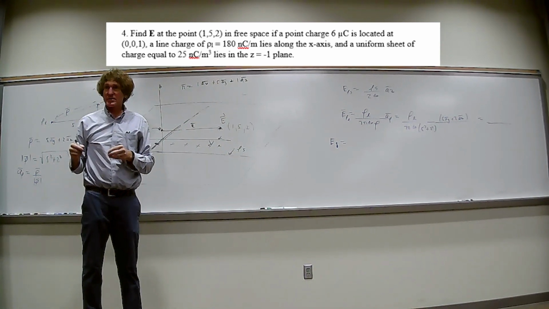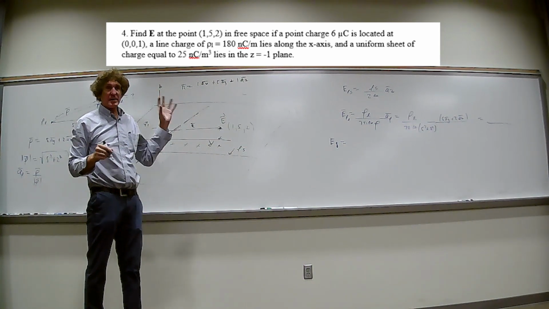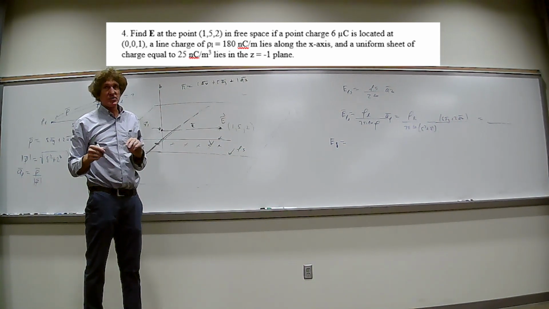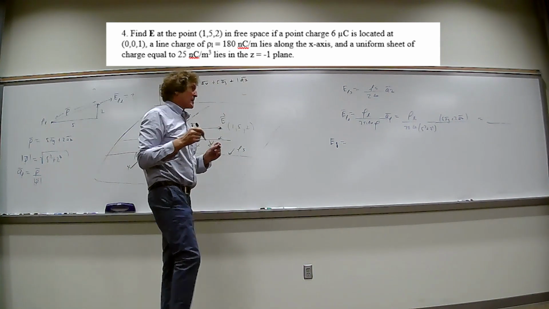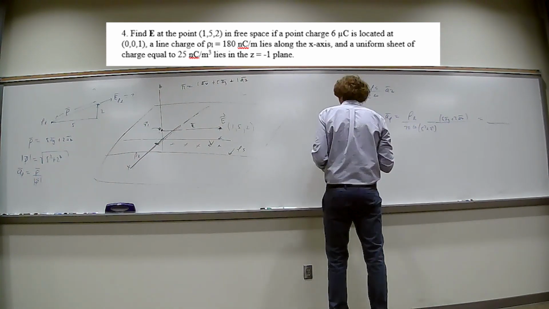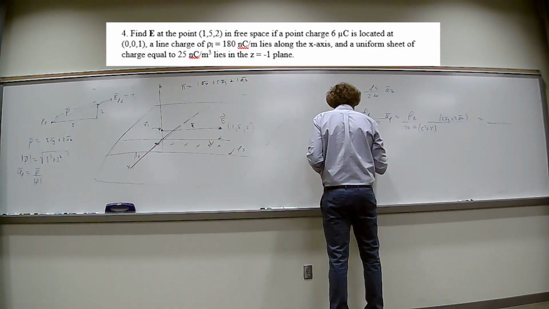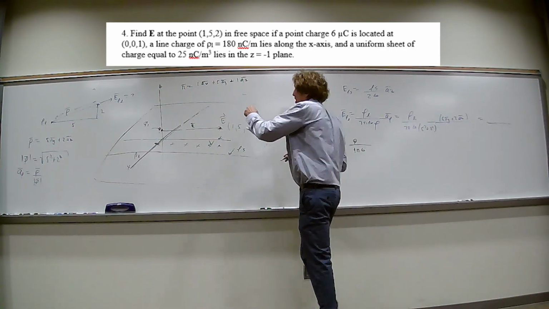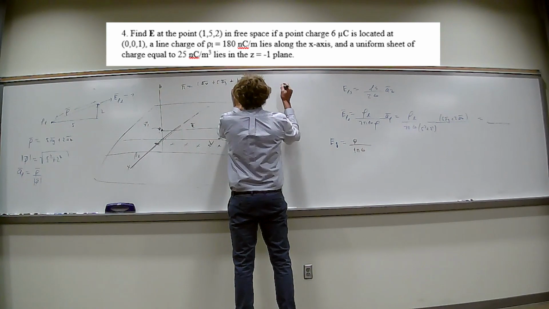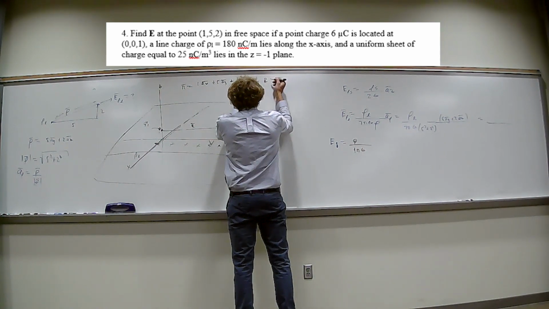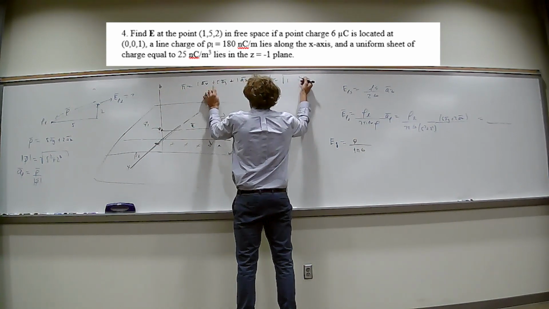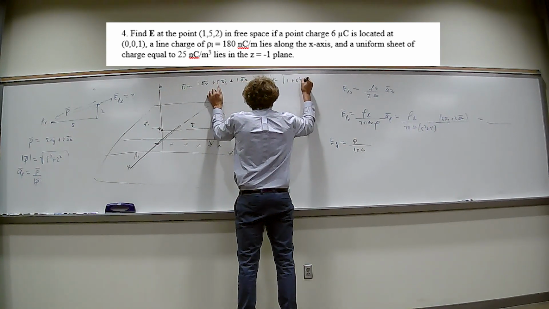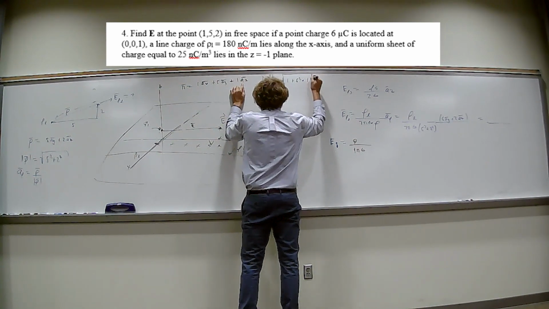I think some people kind of fumbled some of these just because they're trying to hurry through it. But if you look at this, now I put it as Q over 4 pi epsilon naught. Here, I can take r squared, or I can take r magnitude actually, and that's the square root of 1 plus 5 squared plus 1.